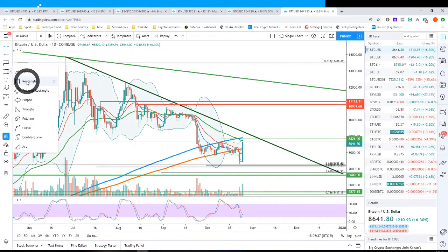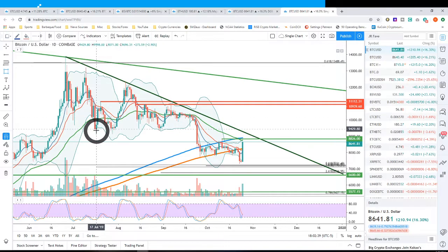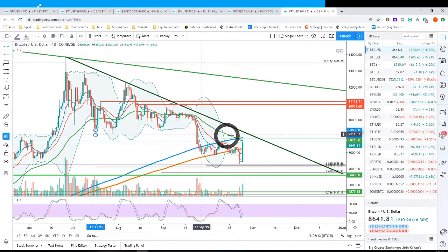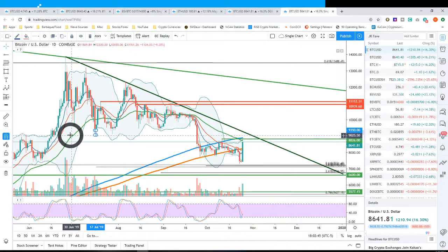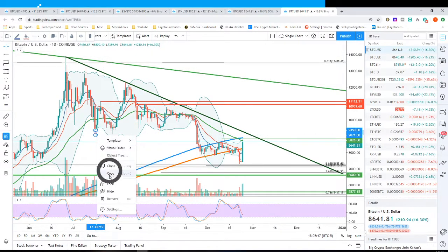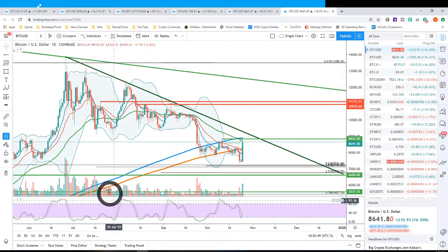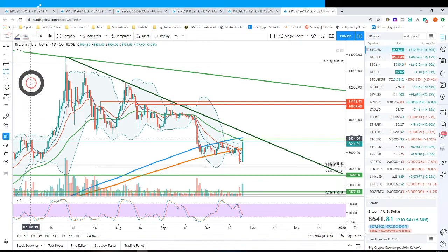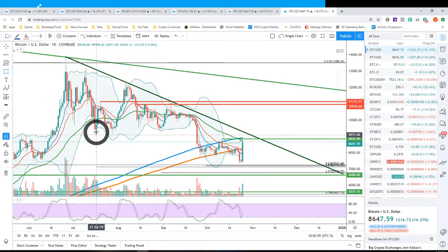So if I was to do something like this, let's just do this. I'll just draw it from the close over here and bring that over. Oh, hang on. So what we're looking for is an old area of support that is now resistance.